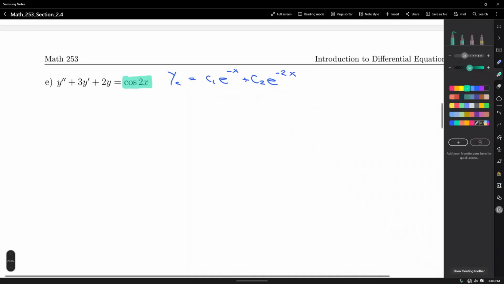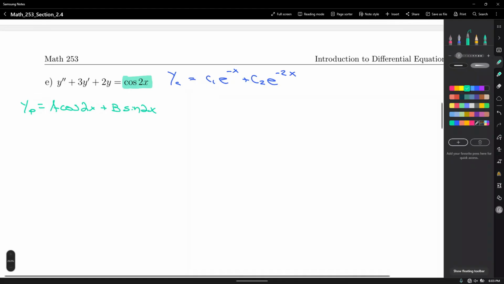For the forcing function, we have a trigonometric function, cosine. So let's write y sub p, which is in this case a combination of both sine and cosine. Cosine and sine doesn't matter. So a cosine 2x plus b sine 2x.